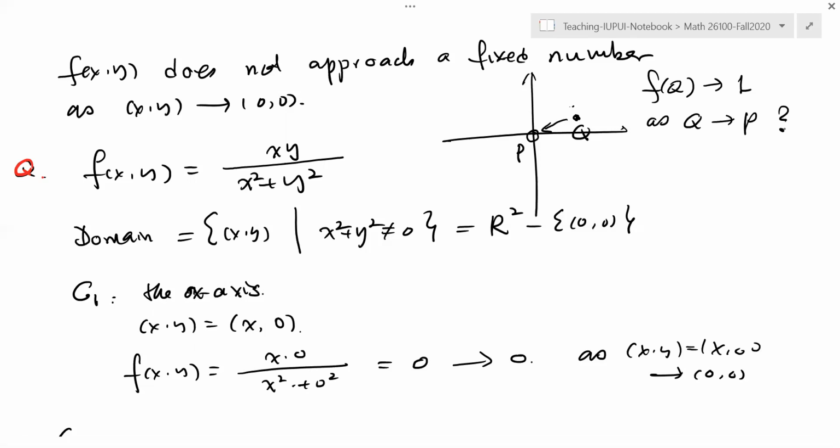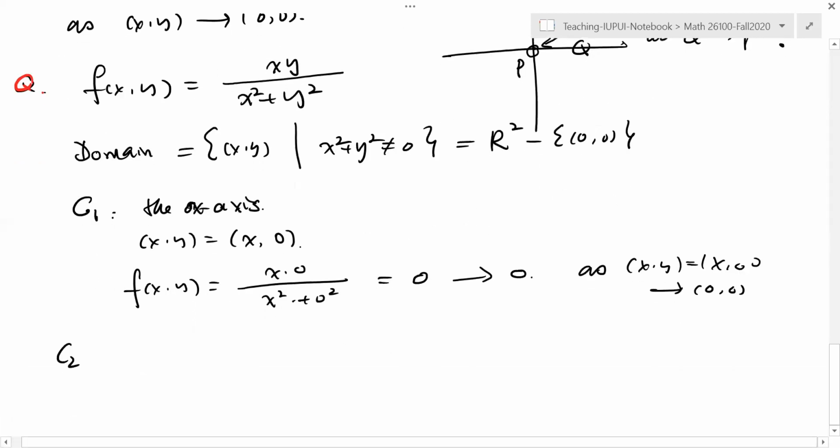Q approaches P along any path, and the value of the function at Q must approach the same number. So we have to check that. If you use the y-axis, yes, you still get 0.